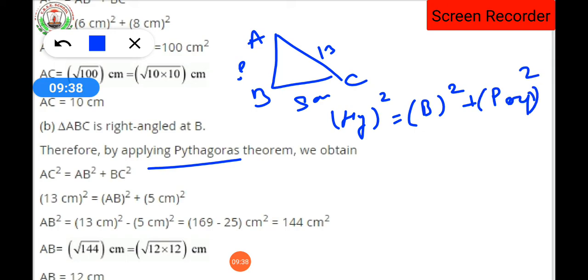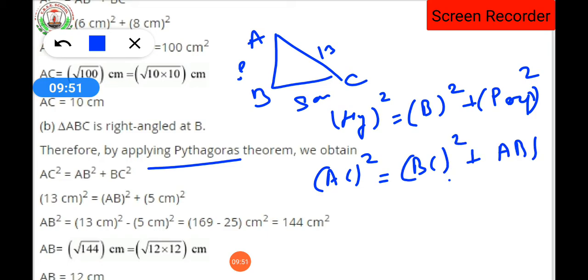This is the formula for the Pythagoras theorem. According to the names, AC whole square is equal to BC whole square plus perpendicular AB whole square. Now AC is 13 centimeter square, is equal to BC, which is 5 centimeter square.